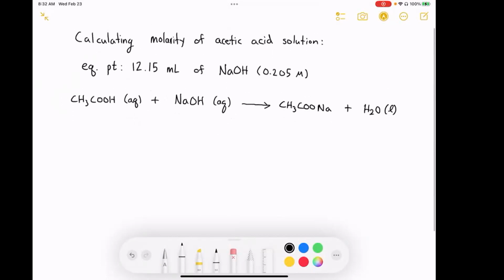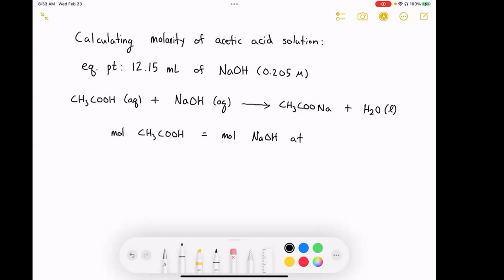So that means that at my equivalence point, moles of acid equals moles of my base, equals moles of sodium hydroxide.